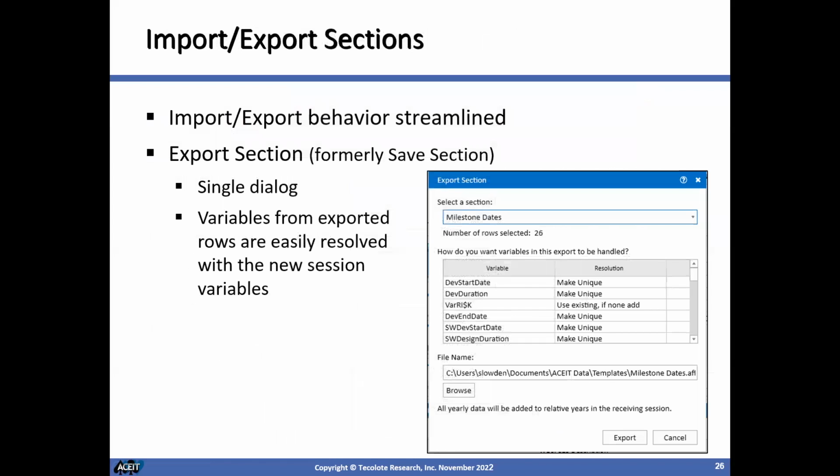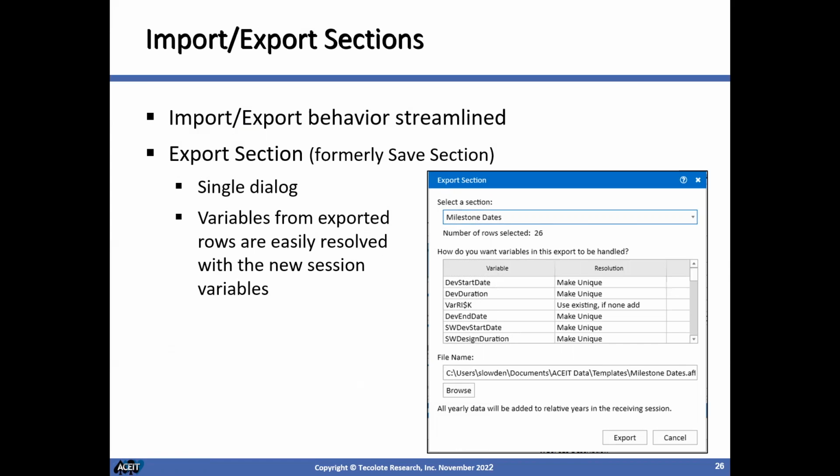A couple other things with sections. Because we made changes to sections, we needed to update and modify the way that you could export a section so that it could be imported into another session, and also the import section. So we streamlined the behavior of that feature set. It used to be called save section. Now we call it export section, and it used to be a multi-step dialogue.